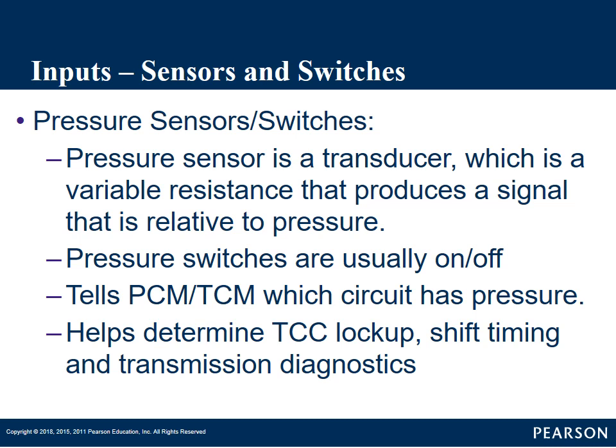If that gets too far apart, it'll set a code. Or they use that in their adaptive strategy to learn how to adjust for wear, to adjust that shift timing. So these pressure switches are very important on a transmission.